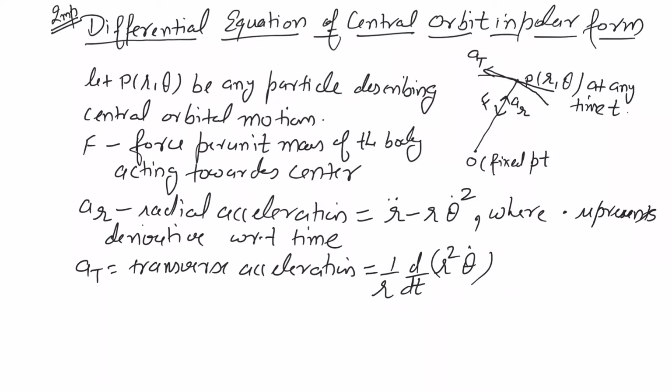Okay, next, we know that the body is under the central force only. So in that case, we may assume that the transverse force acting on the body is 0, and the only force acting upon the body is radial force.